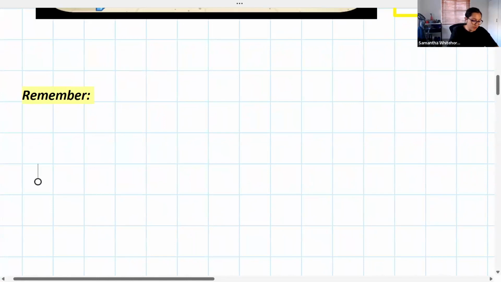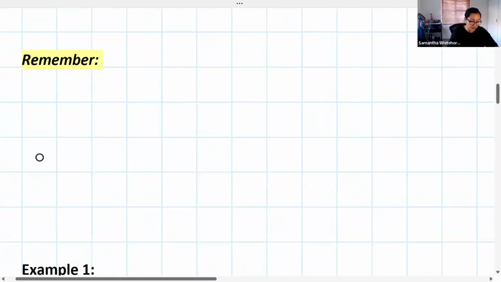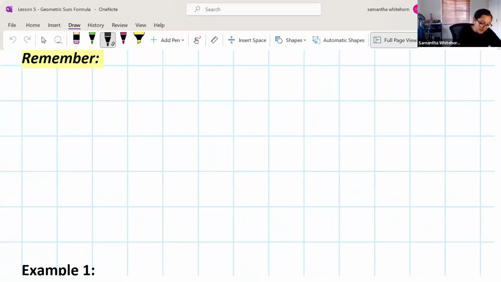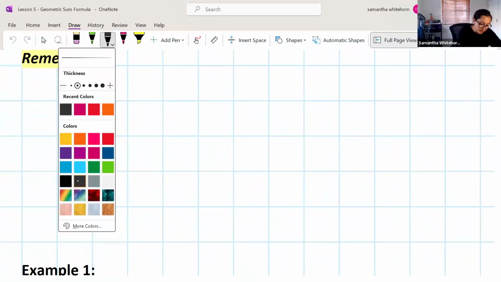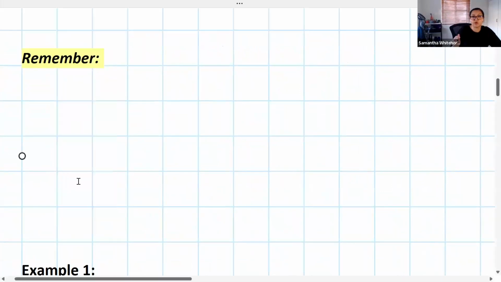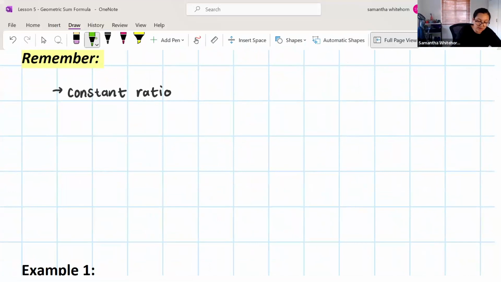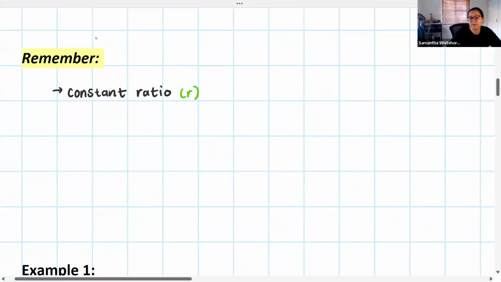So before we get into our examples and our questions, there are a few things that we need to bear in mind and remember as we go along this journey with geometric series. The first thing is that any geometric number pattern has a constant ratio. Remember, your constant ratio is the R value in the formulas that we work with.